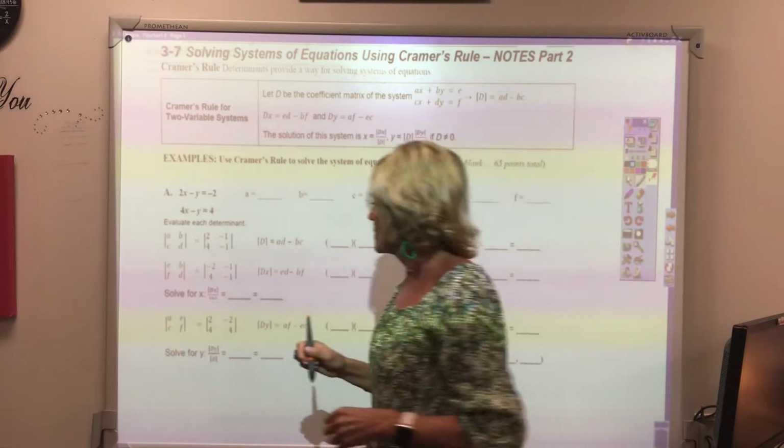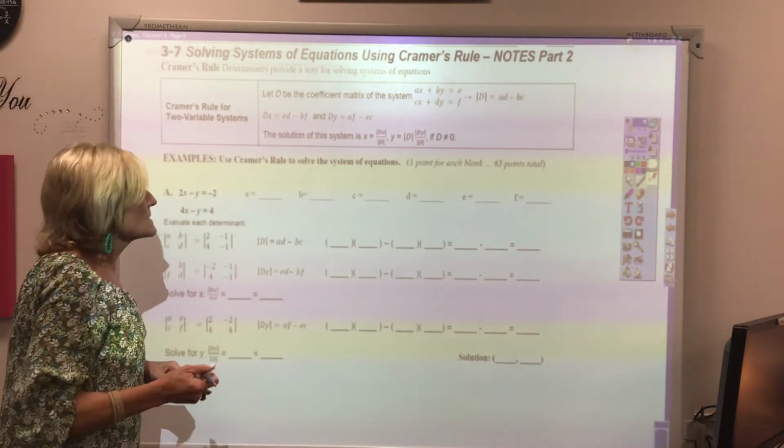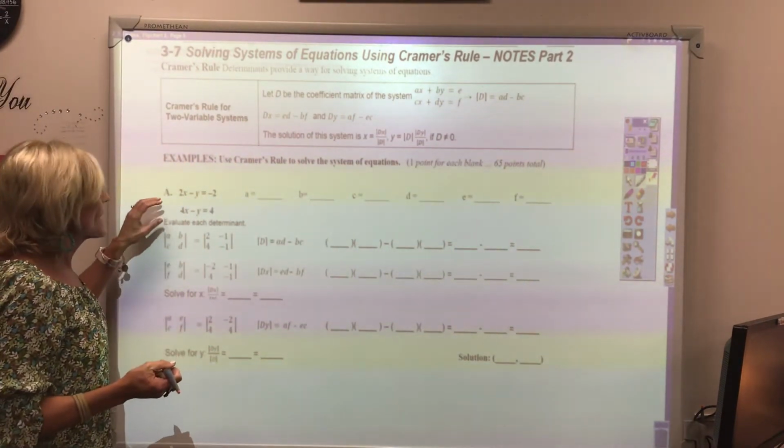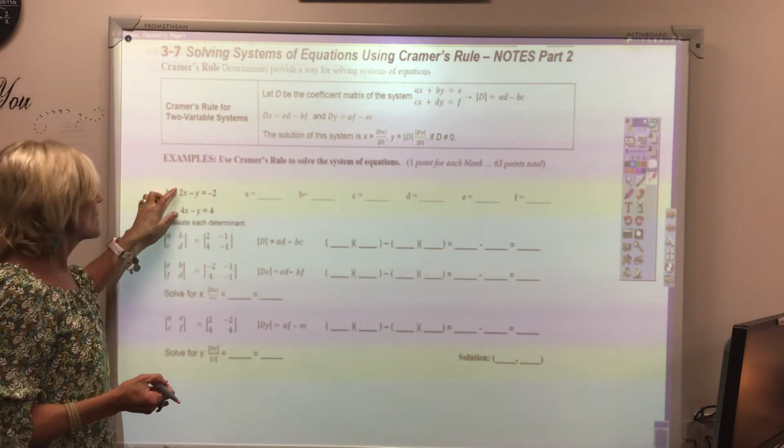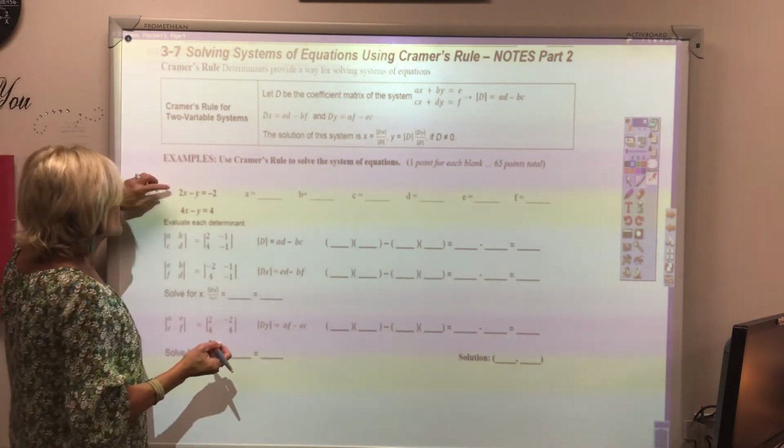So what I wanted to do in this example is to identify with you what our coefficients are. So it goes like this.